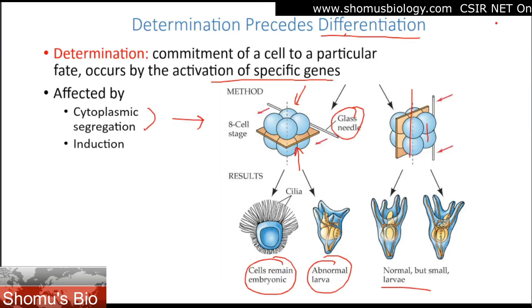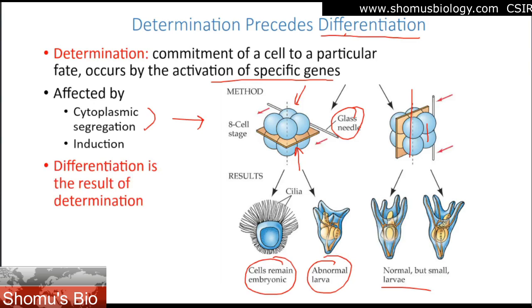And induction is another unique feature that is required while embryogenesis is occurring. Induction is a process where one cell influences another neighboring cell to behave and form a similar type of tissue. That is another unique feature which we will discuss in the next slide.